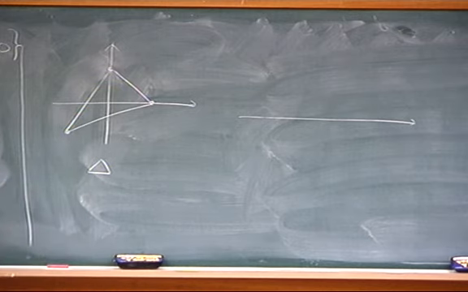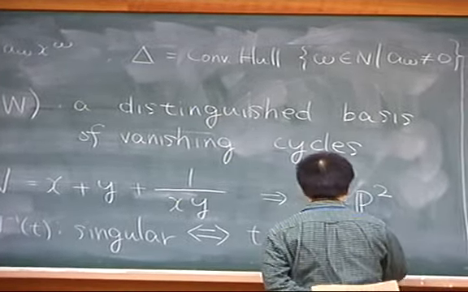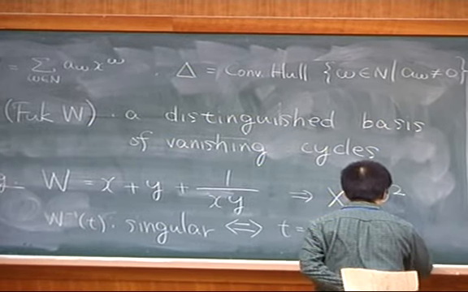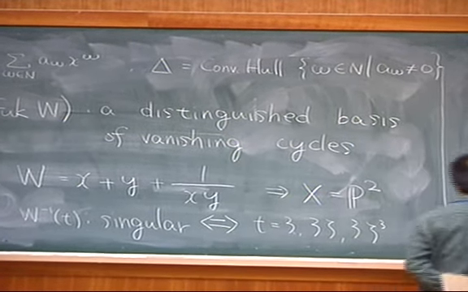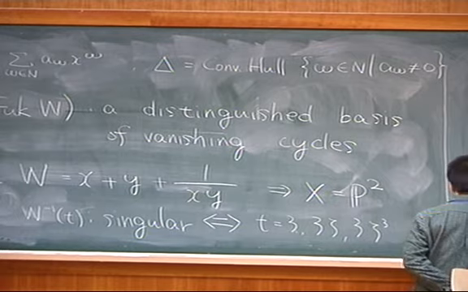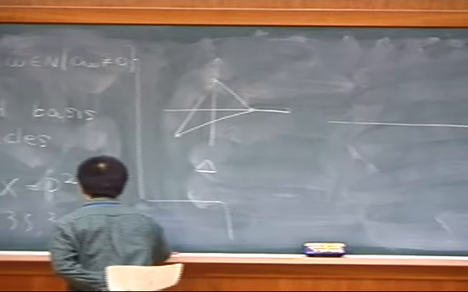The fiber of W is singular if and only if t is 3, 3 zeta, or 3 zeta squared, where zeta is a primitive cubic root of unity.